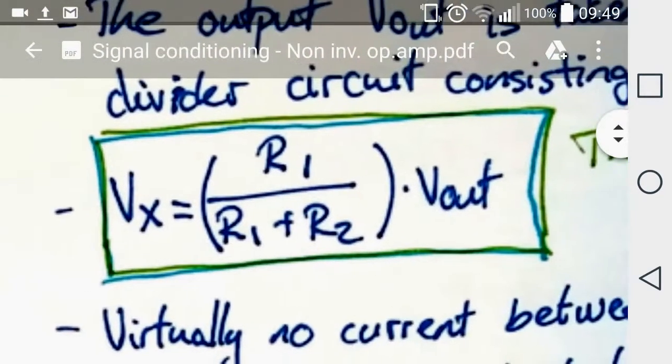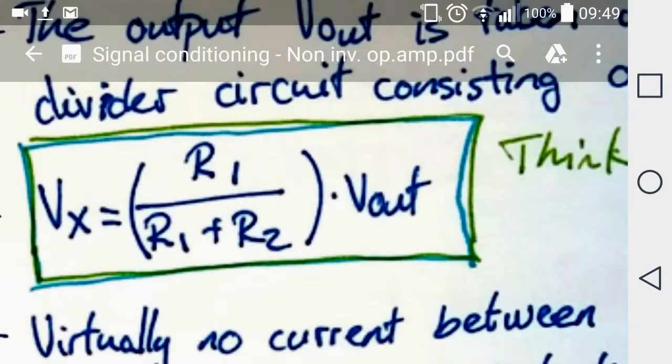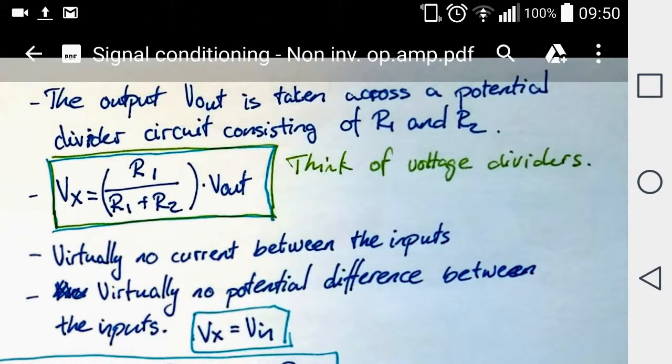Then you have the output equation where you have that this voltage potential at the node X is equal to the ratio between the voltage divider, where you have R1 divided by the sum of R1 plus R2, and you then multiply it with the output voltage. And here you should think of the general voltage divider.